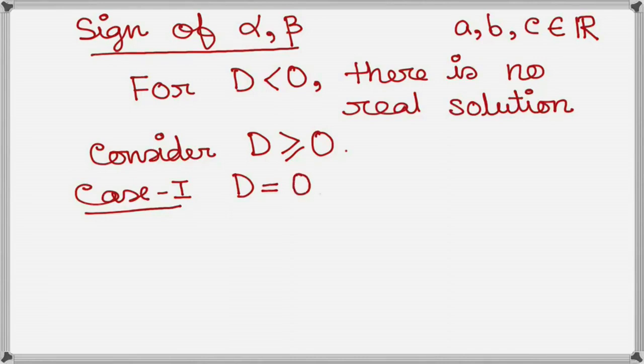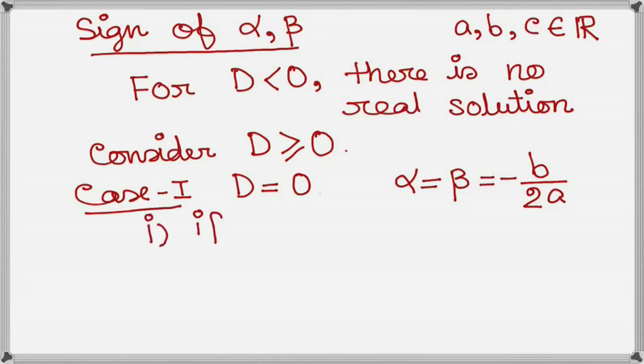In this case, we have alpha is equal to beta is equal to minus b divided by 2a. So, if b is strictly bigger than 0, then in this case we have alpha and beta, both of them are strictly less than 0.